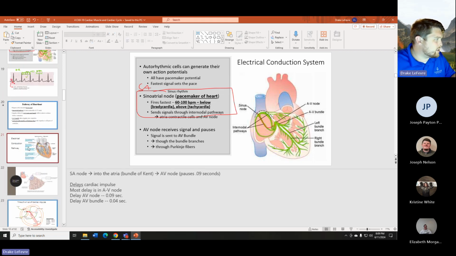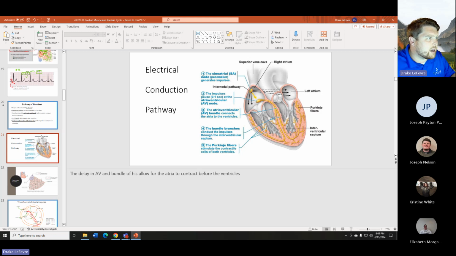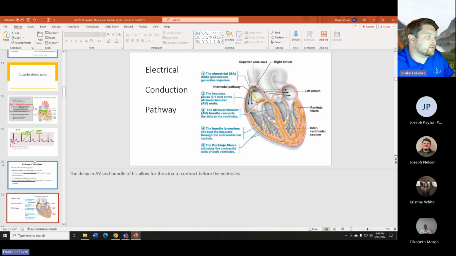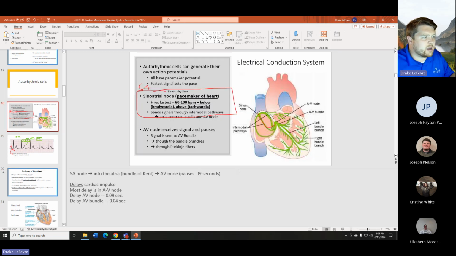Double check Dr. Tate's material, because sometimes, depending on which diagram he uses, there are ranges of like, oh, it can pause between this amount and this amount. But it just depends on which reference he's using. After that pause at the AV node, it continues into what's called the AV bundle.